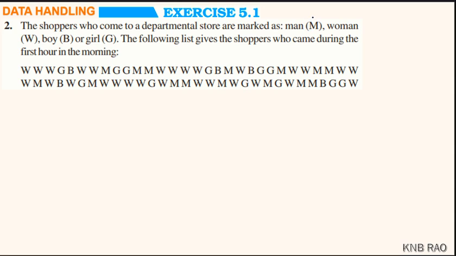So he is representing in short M for man, W for woman, B for boy, G for girl. The following list gives the shoppers who come during the first hour in the morning. They have just noted down one by one: woman came, girl, boy, woman, man, girl, man, like this.